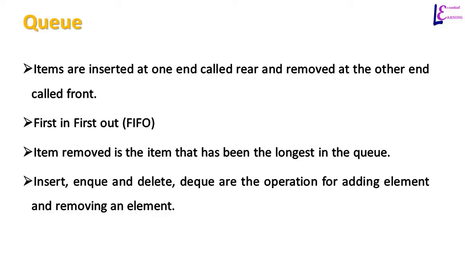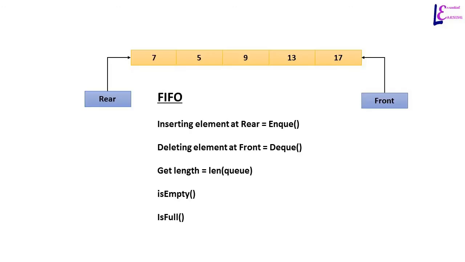Operation to insert an element is termed as EnQ, and operation to delete an item is termed as DQ or DEQ. These operation names are different in different books, so you can refer to them by their general names as insert and delete. Real-life example of queue is waiting line, where first arrivals will be served first.